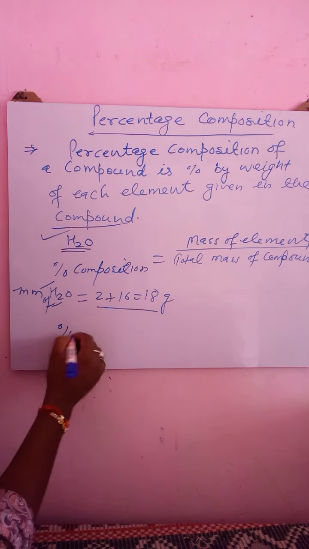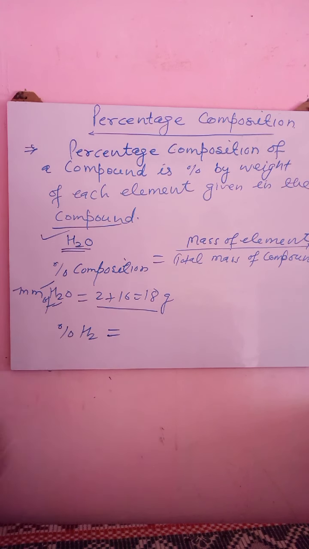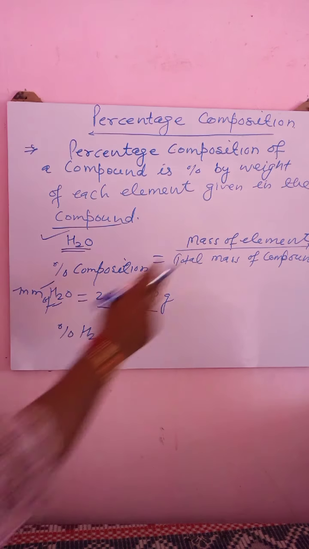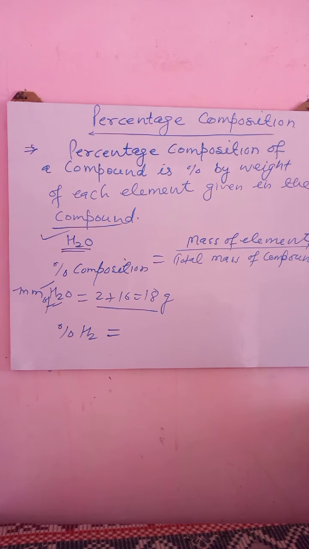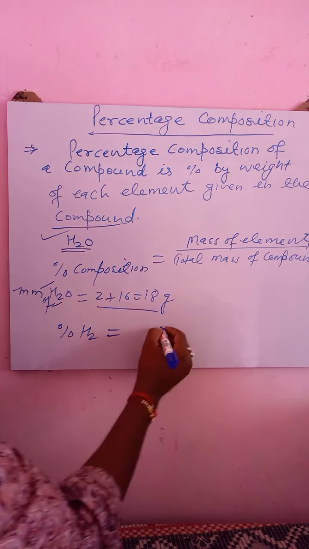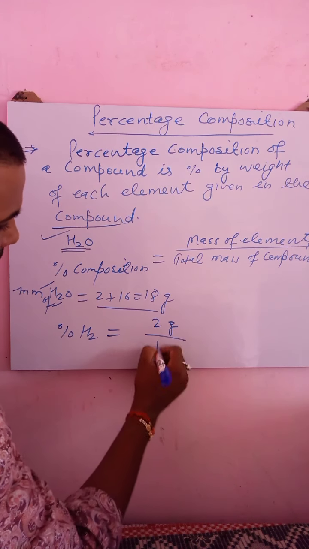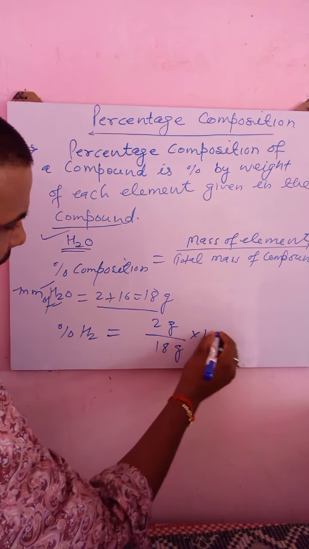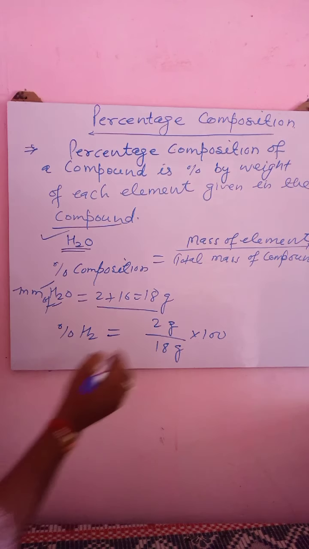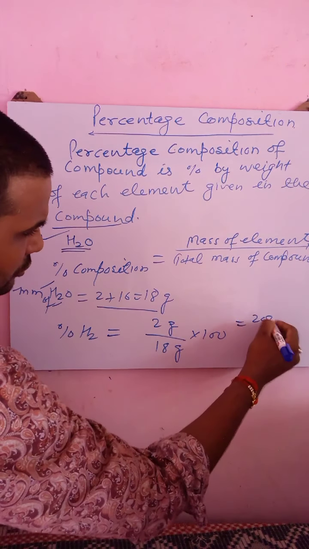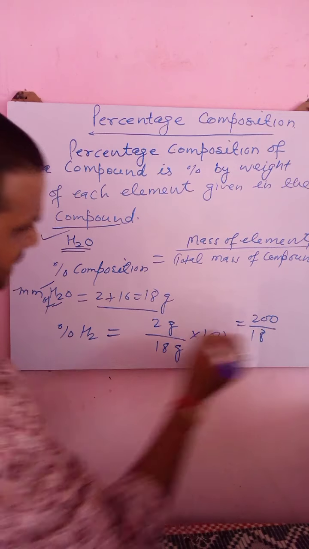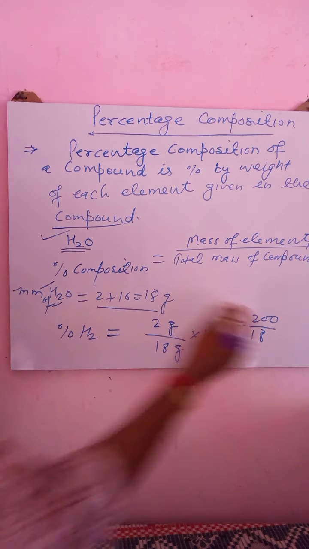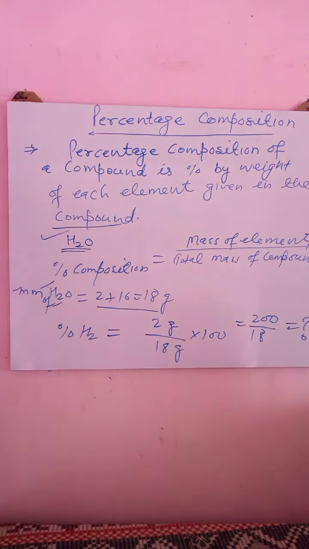So the percentage composition of H2 in the water molecule is equal to the mass of the element H2. One hydrogen atom weighs 1 gram, so 2 hydrogen atoms will weigh 2 gram. So 2 gram divided by 18 gram multiplied by 100 is equal to 200 divided by 18. After division and multiplication, whatever you get will be the percentage composition of hydrogen in the water molecule.